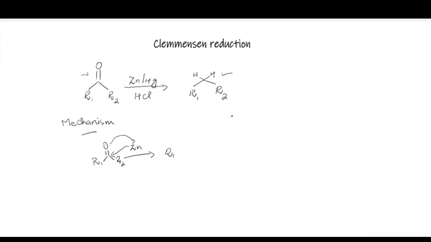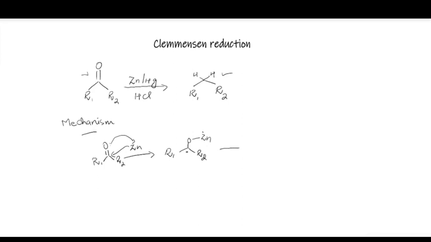And so what we get as a result is a single electron species here, and this oxygen is now attached to zinc, which now has an unpaired electron because it has provided one electron to this carbon here.